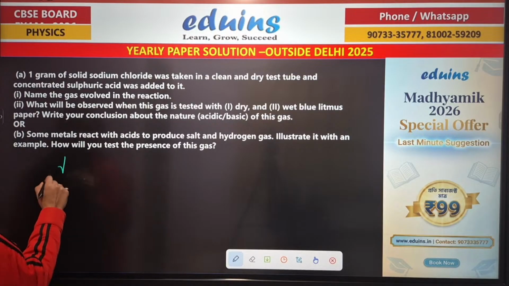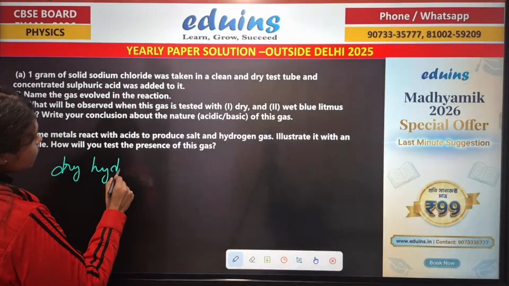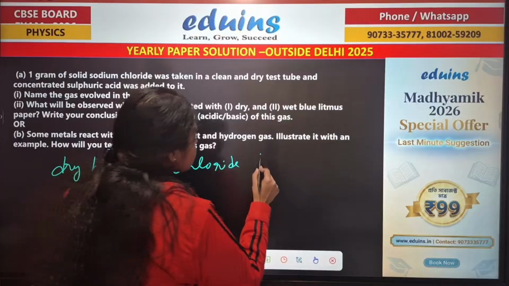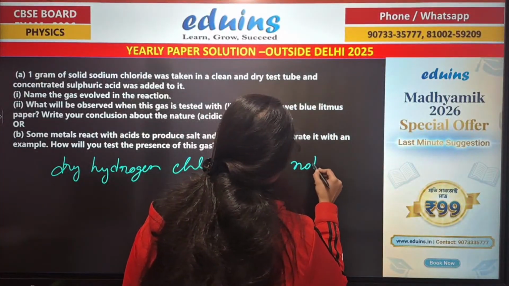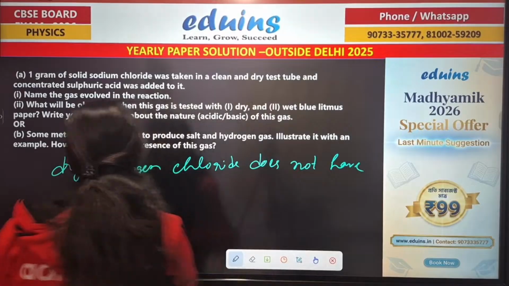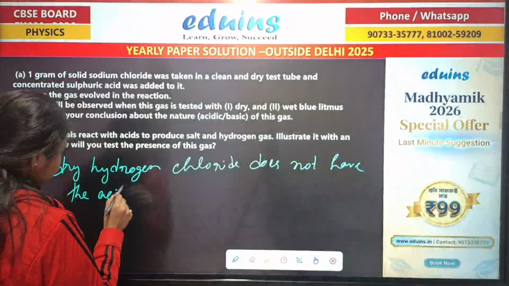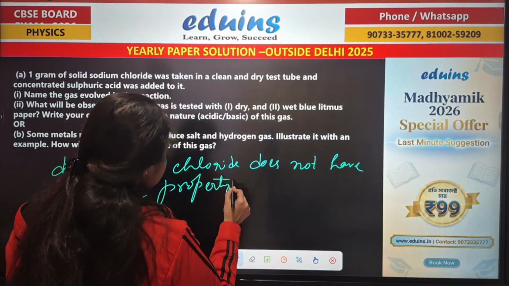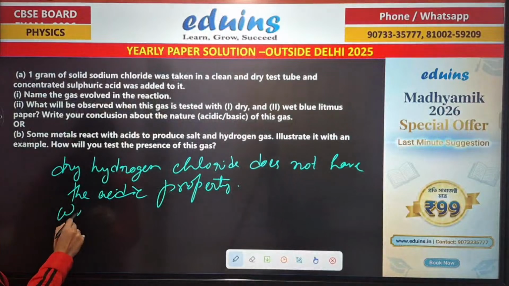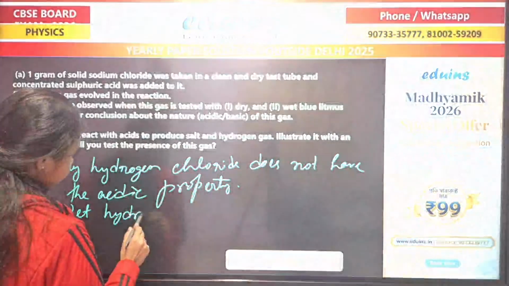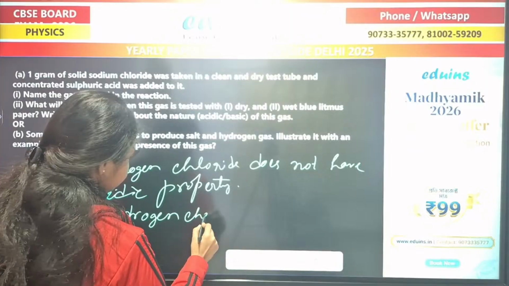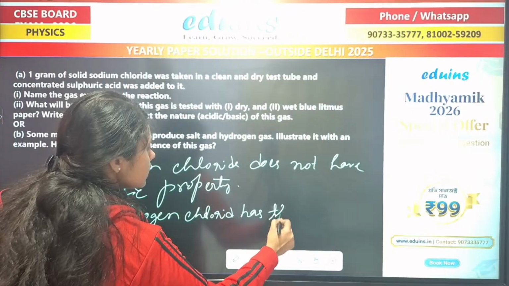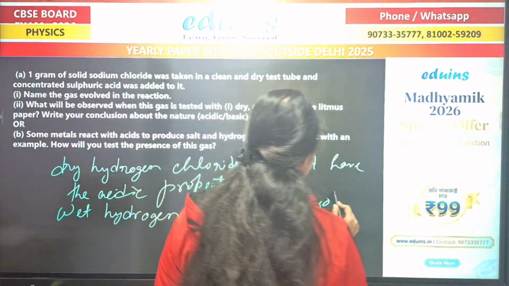Dry hydrogen chloride does not have the acidic property. But wet hydrogen chloride has this property.